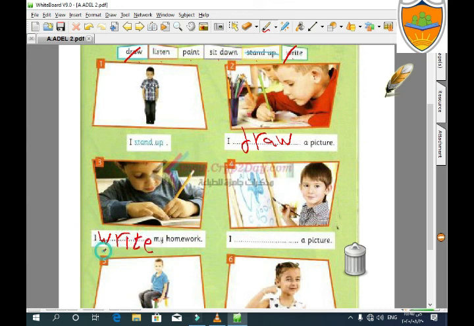The W here is silent. I write my homework. Number 4, I paint a picture. Paint is like color. I paint equals I color.